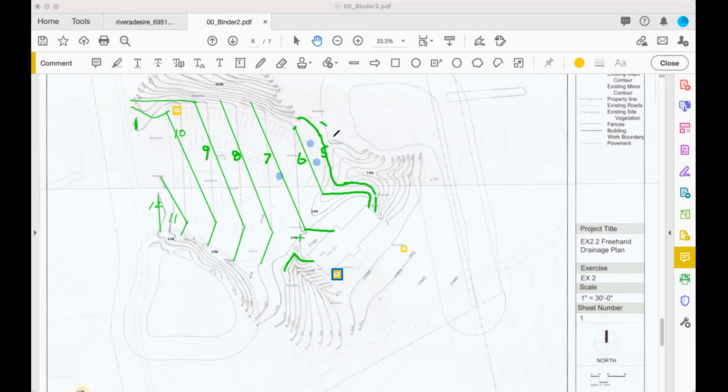Then I would have a closed 5 just to reduce that area. That's another 5. Then my 4 doesn't need to move on the other side. My 4 can be the first one that I connect back there.